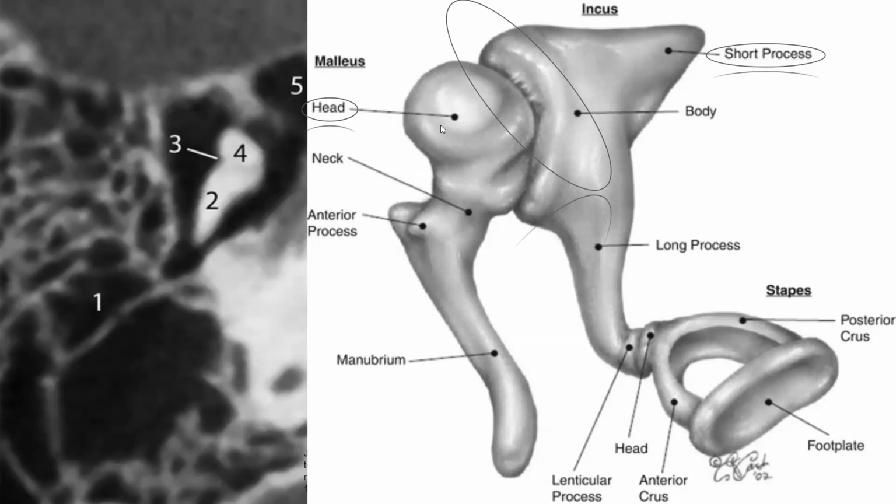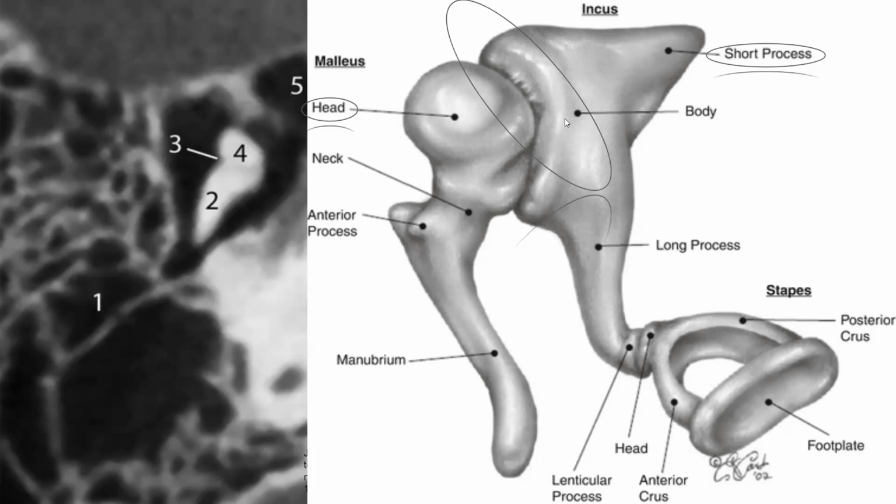I just want to show you a diagram of the articulation of these structures we talked about before. Number 3, we said, was the incudomalleal joint, and so it would be right here. And then we talked about the malleus and incus. Why am I showing you this picture? Just to tell you that as you look at temporal bone CTs, the anatomy of the middle ear ossicles looks very different depending on how you're viewing it.